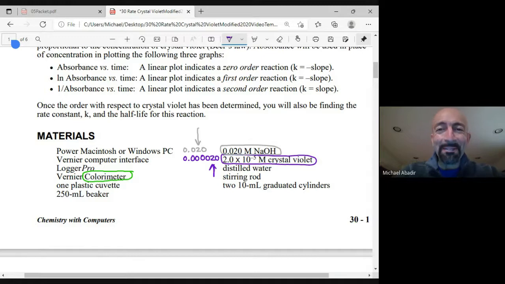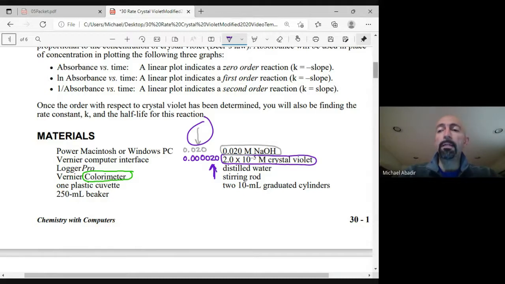I want to make sure I said enough zeros there, 4 zeros. So they react in a 1-to-1 ratio. So if you're only going to have this very small amount of crystal violet, then if you have a hydroxide that is 1,000 times more, when the crystal violet runs out, the hydroxide really didn't even change at all.